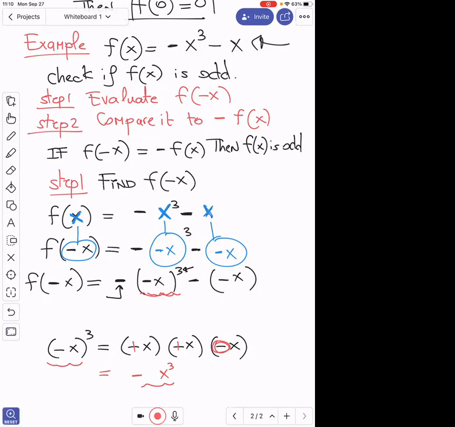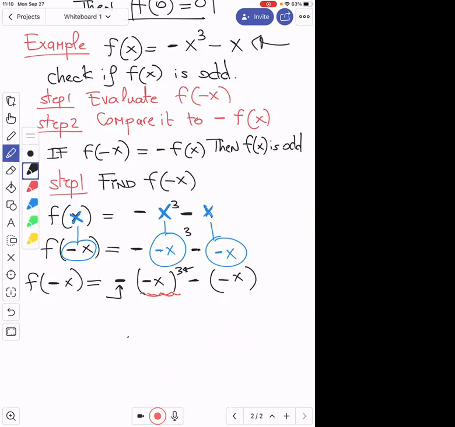Okay, so let me just erase this. What I just said is that for this f of minus x, we have this minus first, and then this thing here is actually minus x cubed without the parentheses.